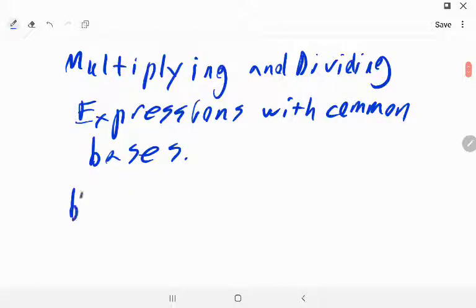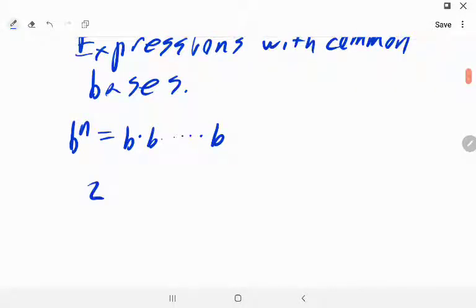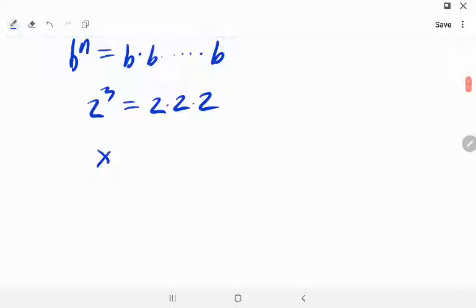Remember that b to the n is equal to b times dot dot dot times b, so basically n b's. So if we had 2 to the third, that's 2 times 2 times 2. If we have x to the fourth, that's x times x times x times x.